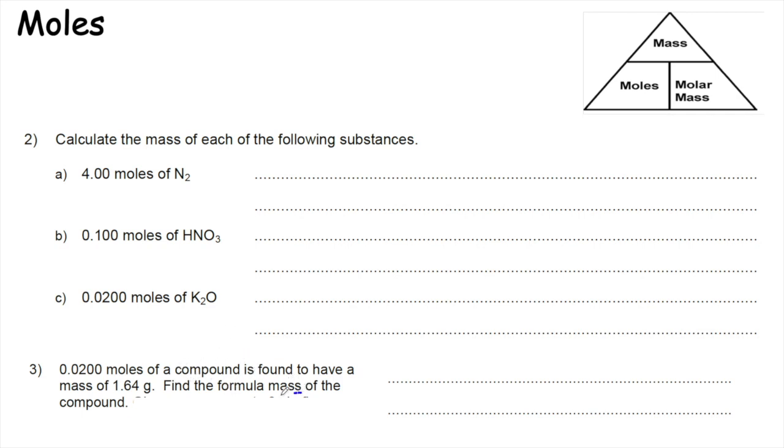We've been asked to find the formula mass. So go back up to your triangle here. Formula mass is the same as molar mass, so cover that one up. So to do the calculation is mass divided by moles. So MR equals mass divided by moles. Pause the video, have a go at this one, then again we'll reveal the answers.